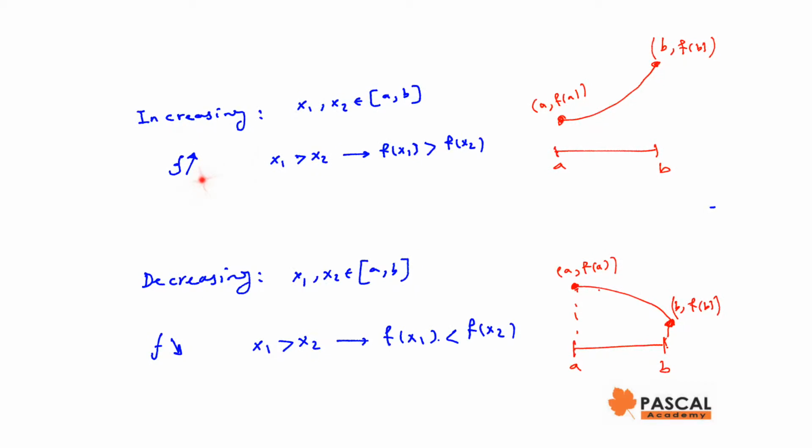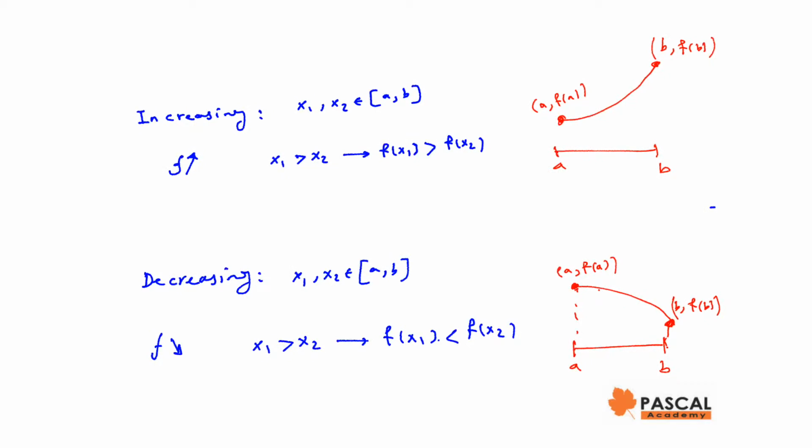We say function f is increasing on interval (a, b) if for all real numbers x1 and x2 in the given interval, f of x1 is greater than f of x2 whenever x1 is greater than x2. Or we can say, if x1 is greater than x2, then f of x1 is greater than f of x2.